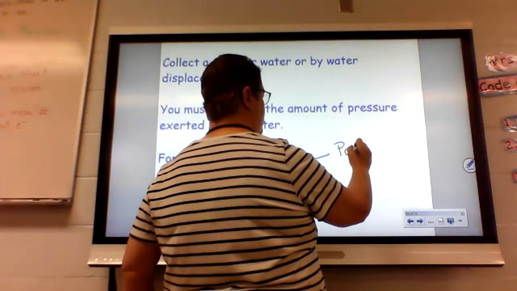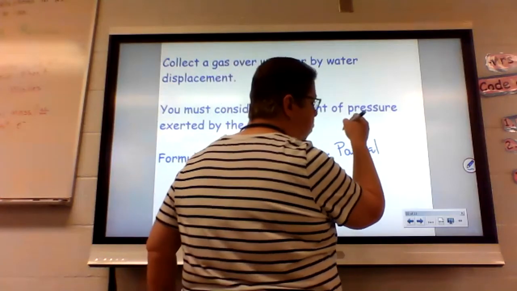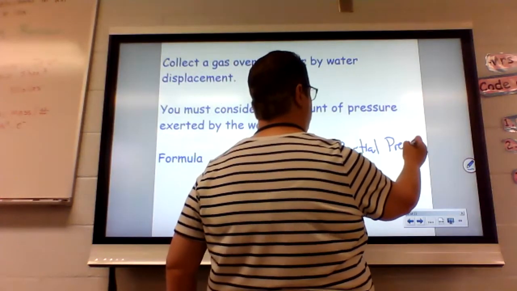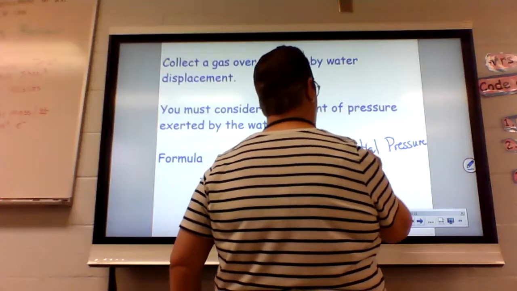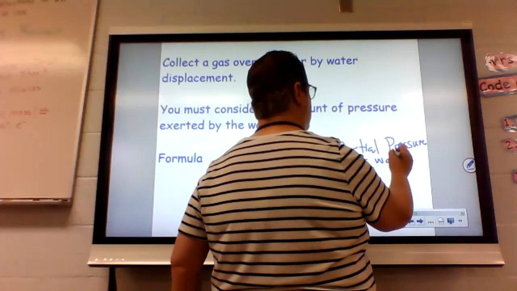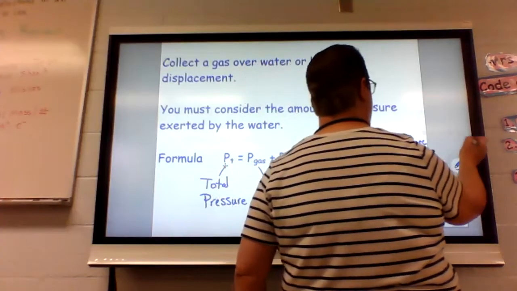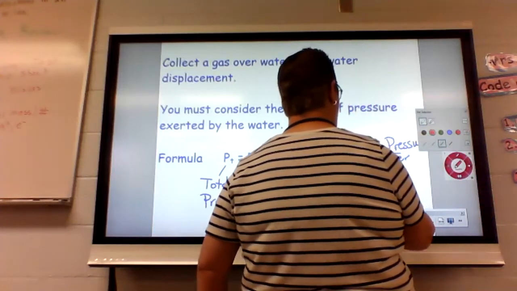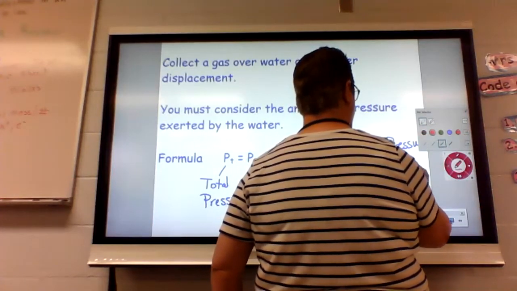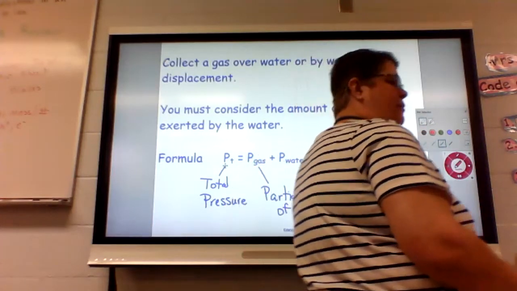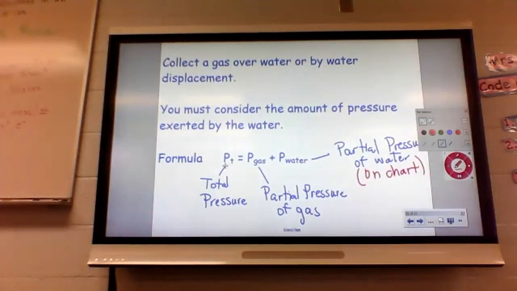This is the partial pressure of the water, and the nice thing about this one is it's on a chart. You never calculate P water. We look it up. Right? Look, there it is.